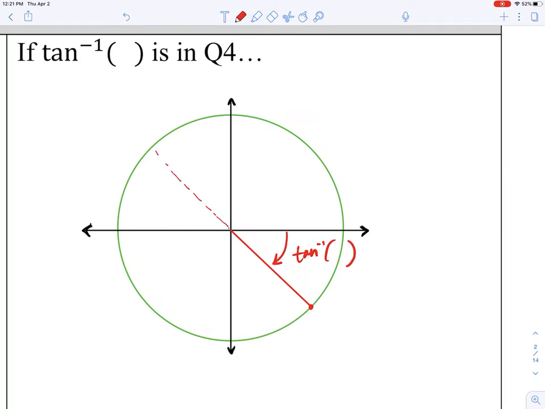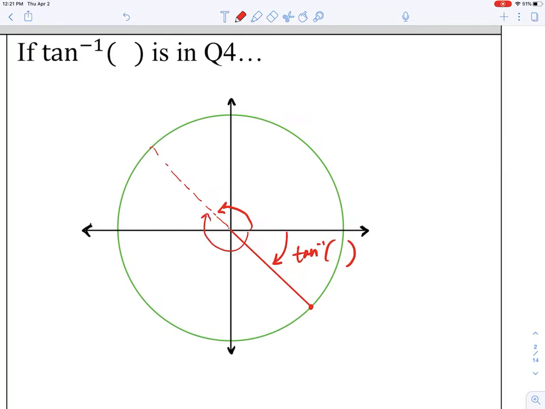And then if we were to add pi, that would be this angle, or if we were to subtract pi, the negative angle minus pi would be this angle.